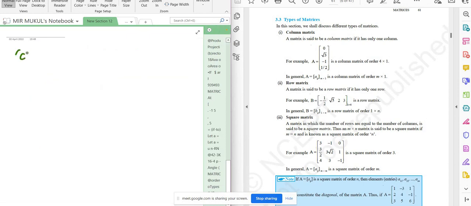Now see. Now square matrix. What is a square matrix?